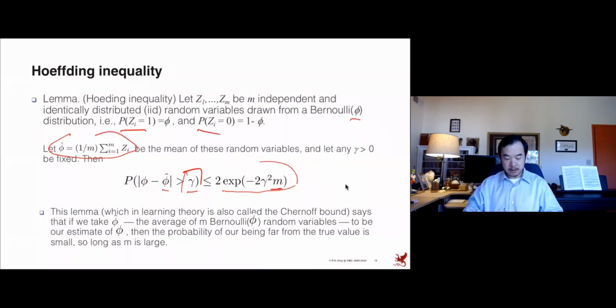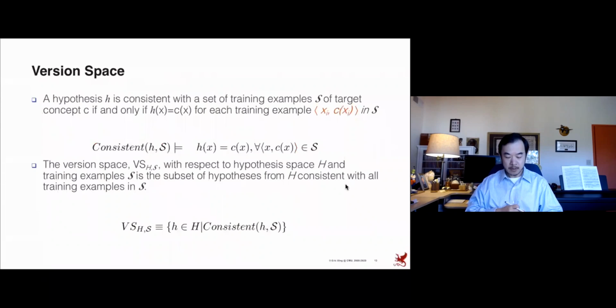So that's the gist behind the Hoeffding inequality. I'm going to use these two lemmas down the road to prove some of the learning properties we're going to look into. Just remember this for now.